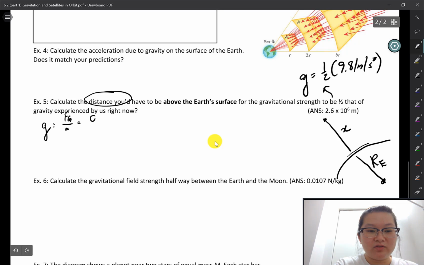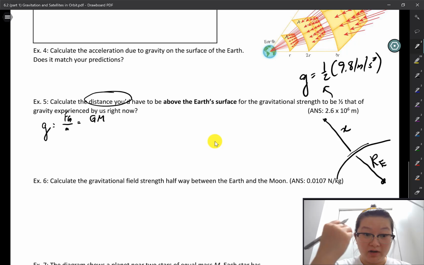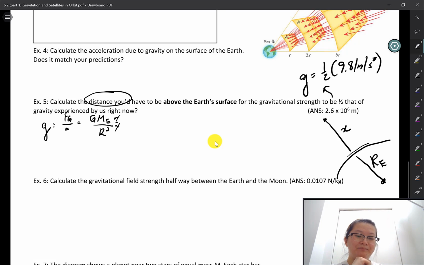So this simplifies to big G times whatever mass is providing the attraction force, which in our case is the Earth. It's multiplied by the small m, but the small m's cancel out, and you're left with the radius away from the center of the Earth squared.